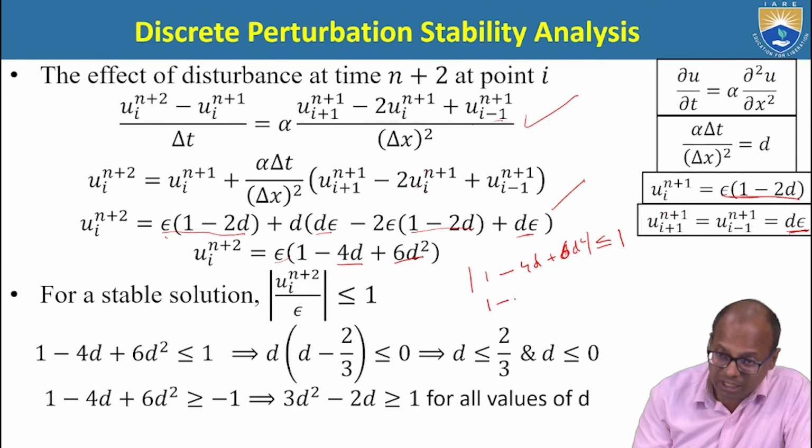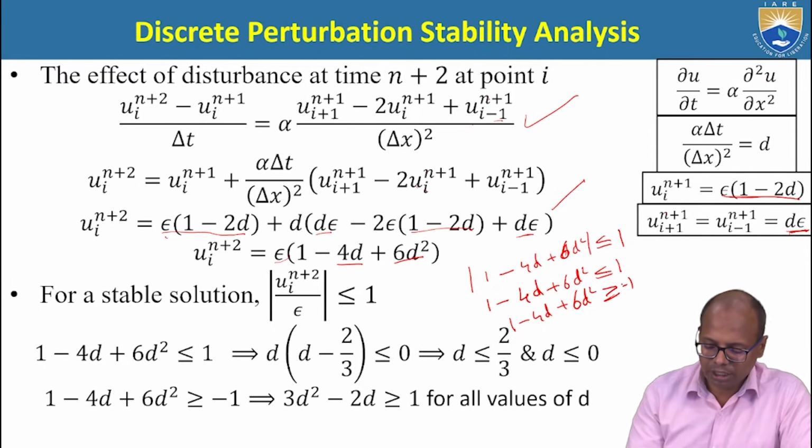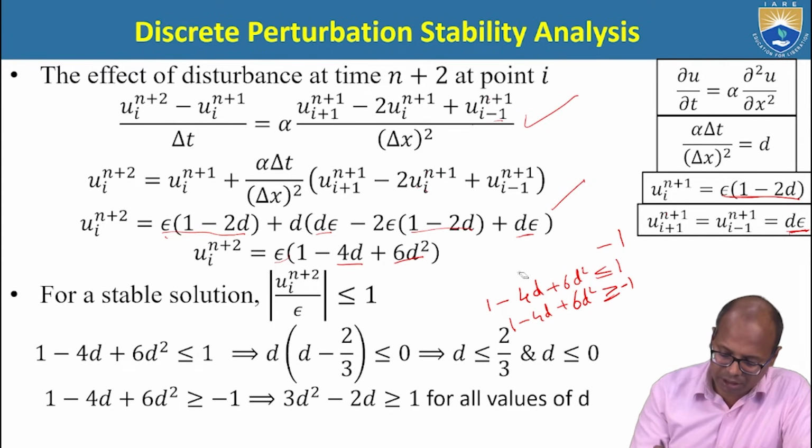One case is 1 minus 4d plus 6d square less than or equal to 1. The other one is 1 minus 4d plus 6d square greater than or equal to minus 1. So this modulus we have applied, so the inside term can be positive or negative. So we'll see one by one what is the effect of these two cases.